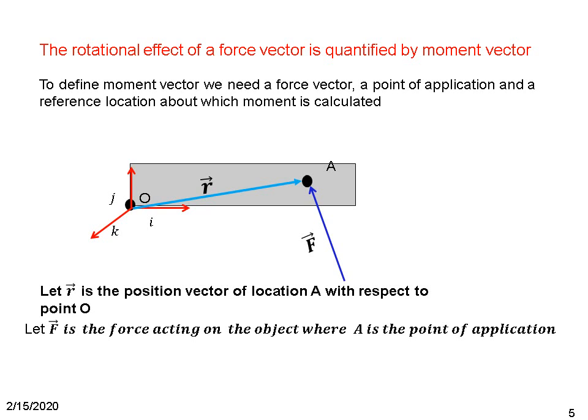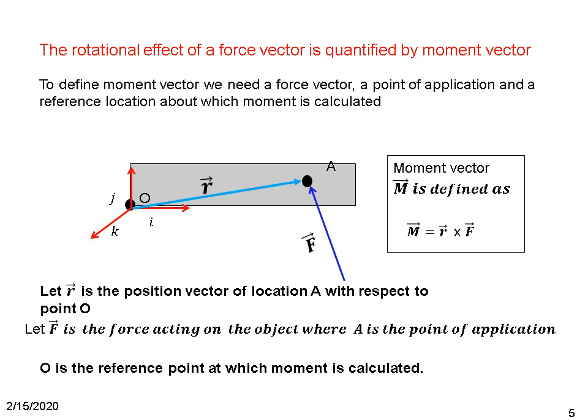Let R vector be the position vector of the location A with respect to point O, and F vector is the force acting on the object where A is the point of application. O is the reference point at which the moment is calculated. Now, the moment vector M is defined as R cross F, where R is the position vector of point of application A from reference point O, and F is the force vector.